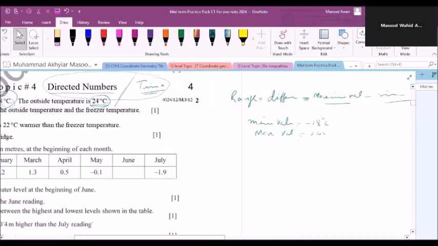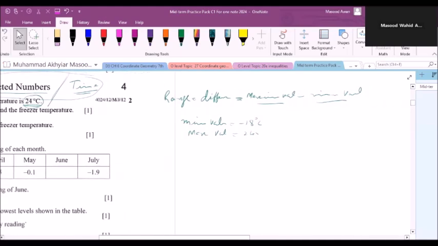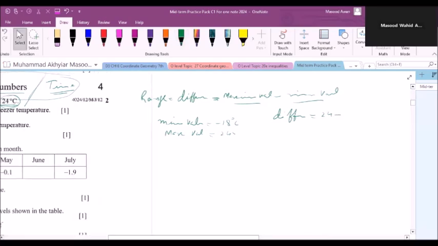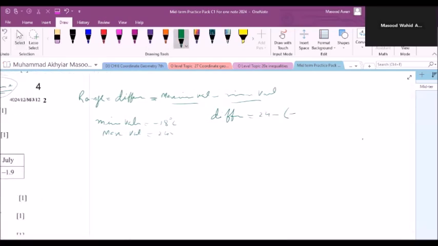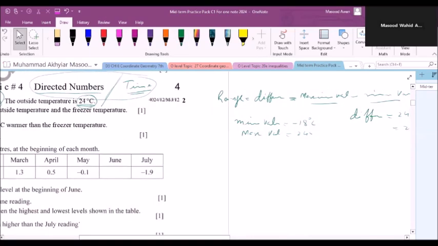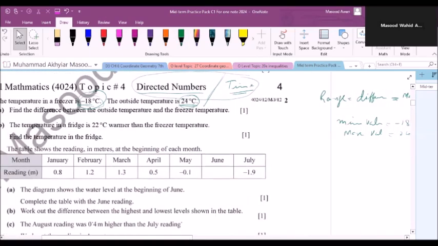So the difference is 24 minus minus 18. This minus into minus becomes positive. So 24 plus 18, this is 42. The difference between these two temperatures is 42 degrees.